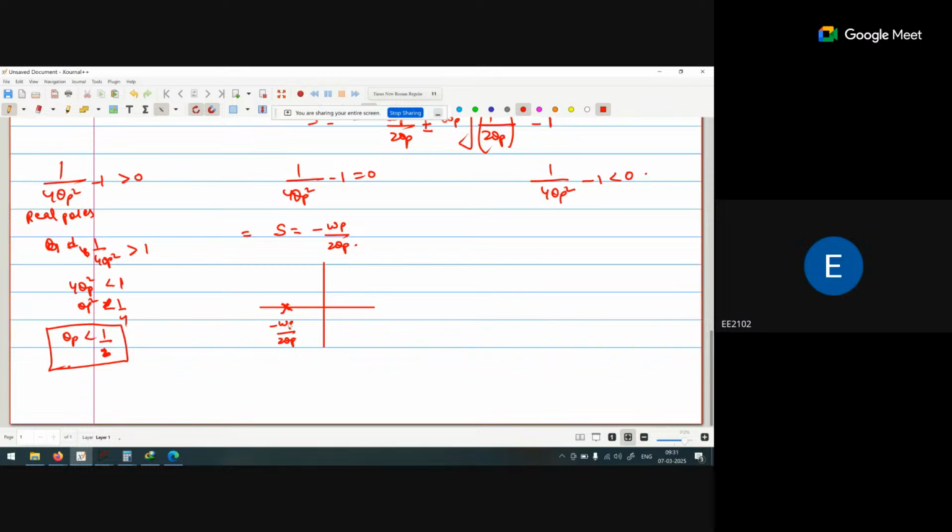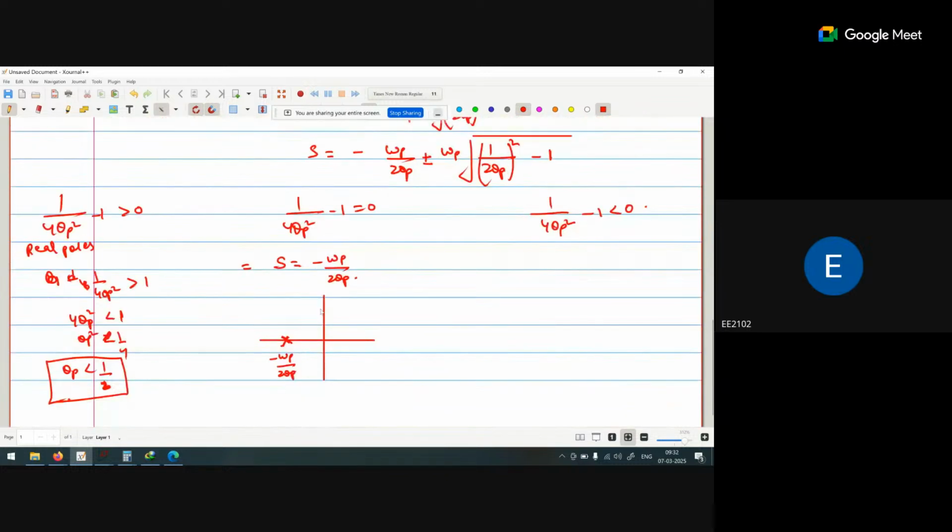Now if the poles are real, s is equal to minus omega p upon 2 qp plus minus omega p into delta, where delta is some value.